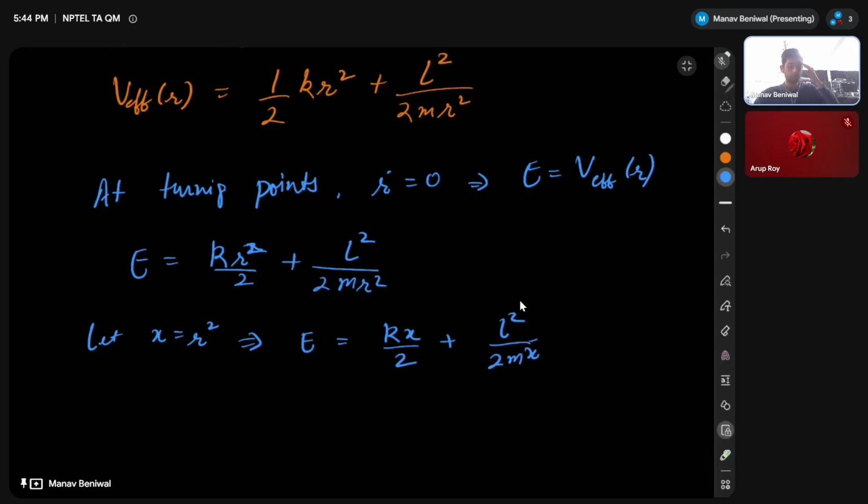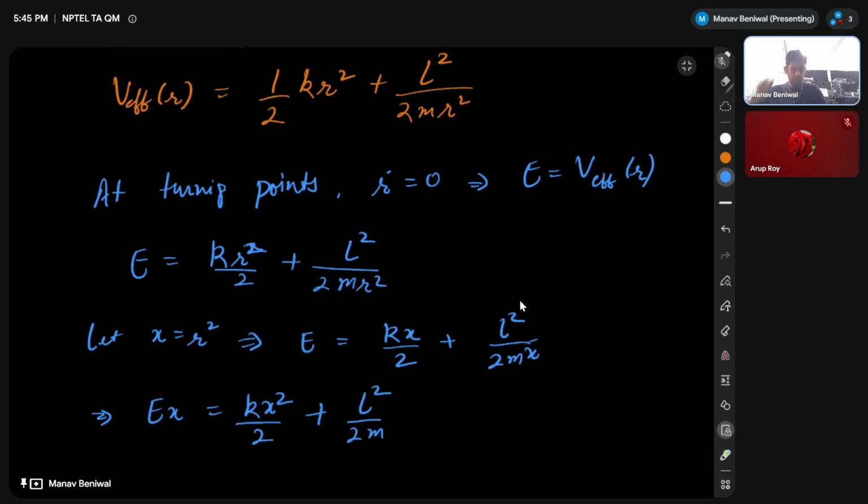Now we can multiply by x on both sides, so we get Ex equals kx squared by 2 plus L squared over 2m.